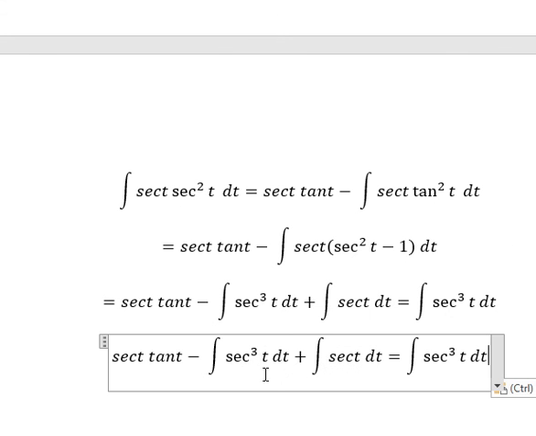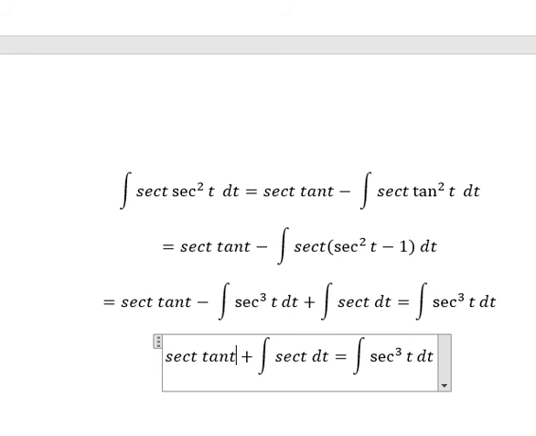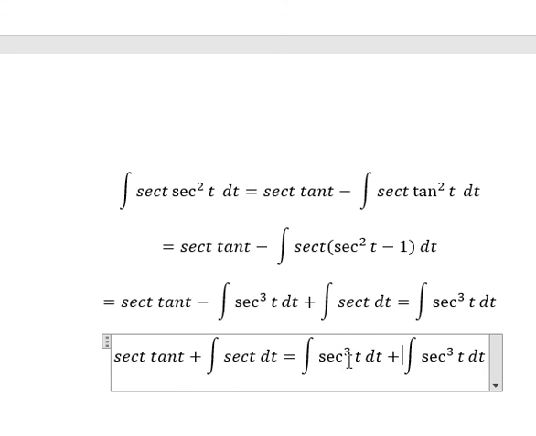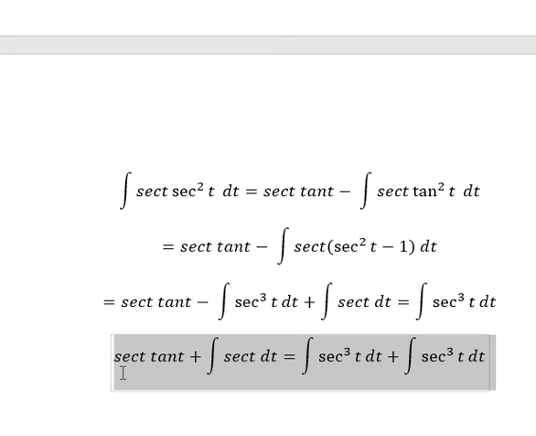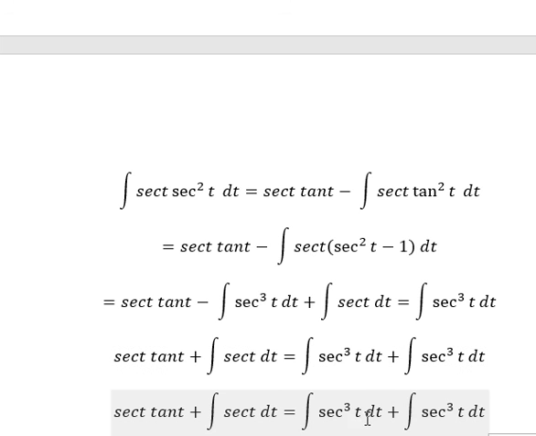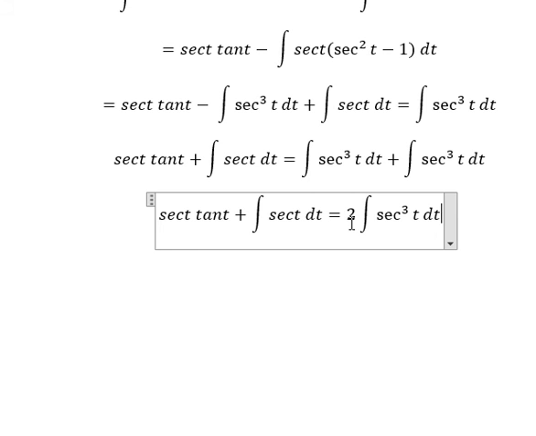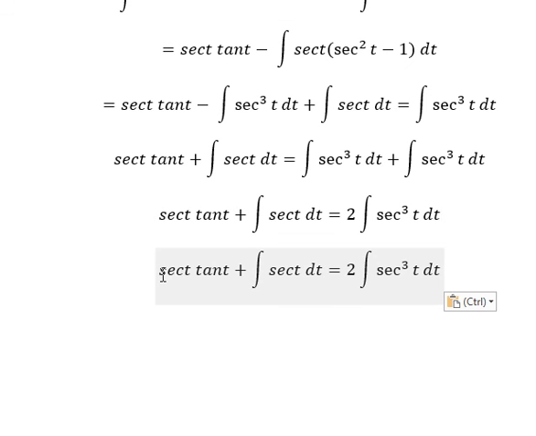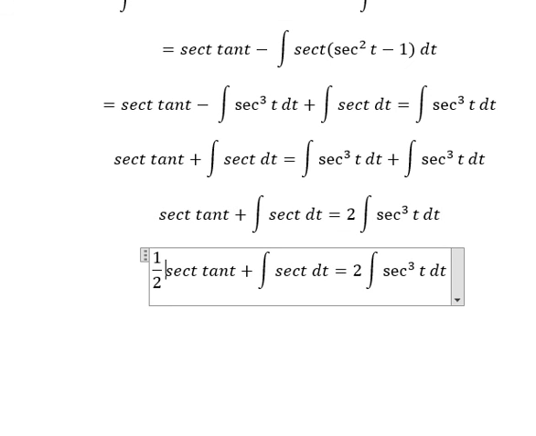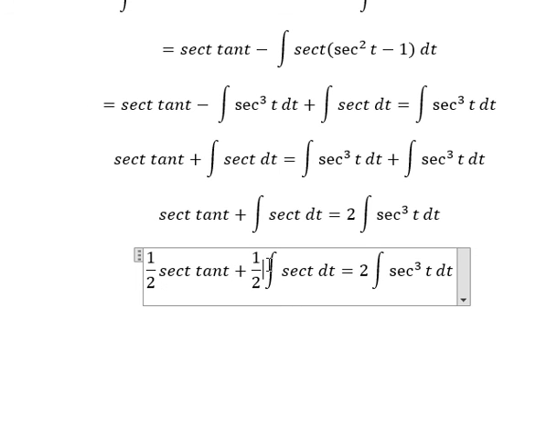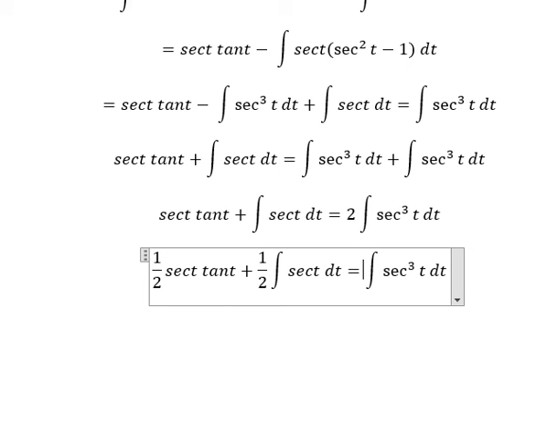And then we put this one to the right. So this one plus this one, you get number 2. Later, we divide both sides by number 2. And this is the integration of this one.